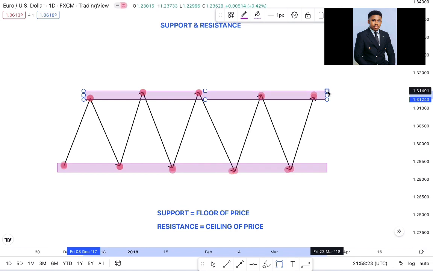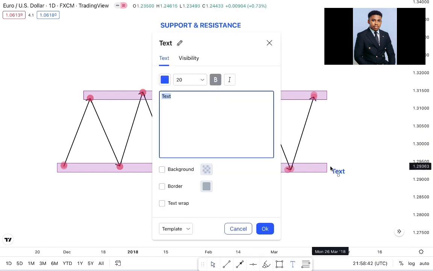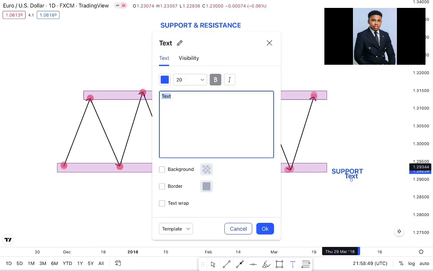You connect those points in the market. Now we have our support and we have our resistance in the market. So if price comes back to this support, we are most likely going to start buying from there, and if price comes to the resistance, we are most likely also going to start selling from there. And that's how we make money using these concepts. So let's just write that this is the support, and we have the resistance.